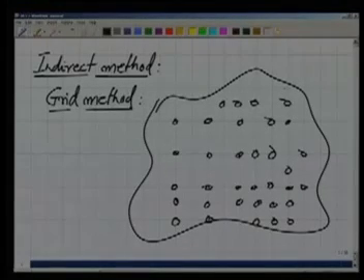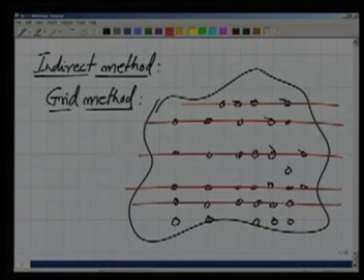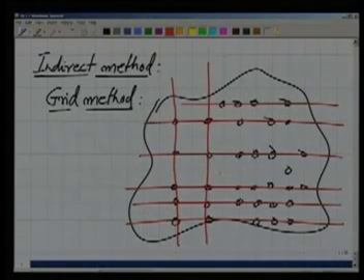Now grid means all these points are along certain directions so that it's easy to establish them horizontally, or their planimetric control is easy.